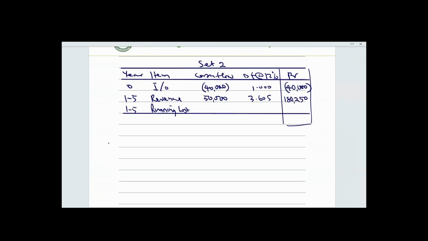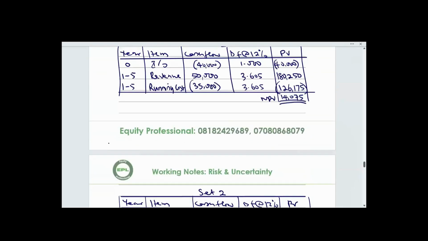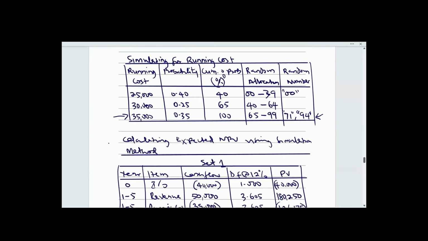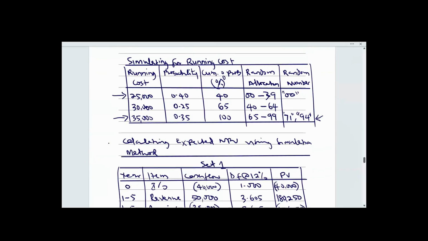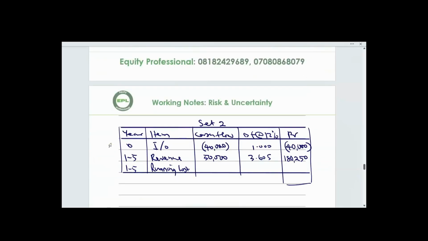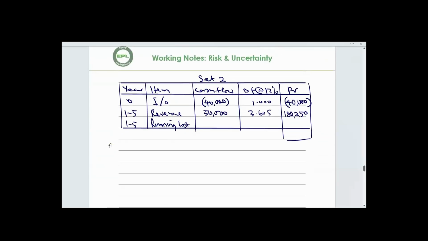Then running costs for set 2. What's the random number? 00. Under 00, we have 25,000 naira. Running costs under 00 random number is 25,000 naira. So 25,000 multiplied by 3.605.